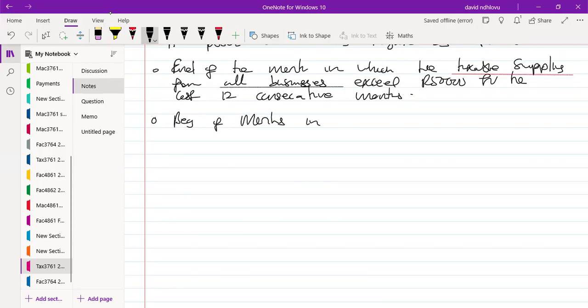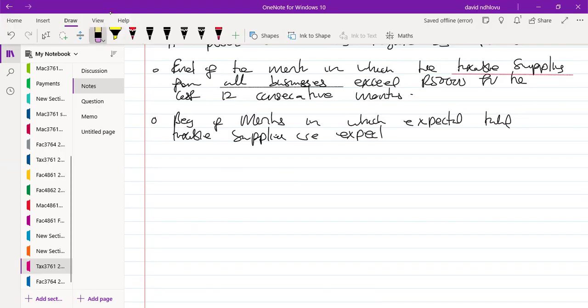At the beginning of the month in which total taxable supplies are anticipated or expected to exceed 50,000, based on written contracts.